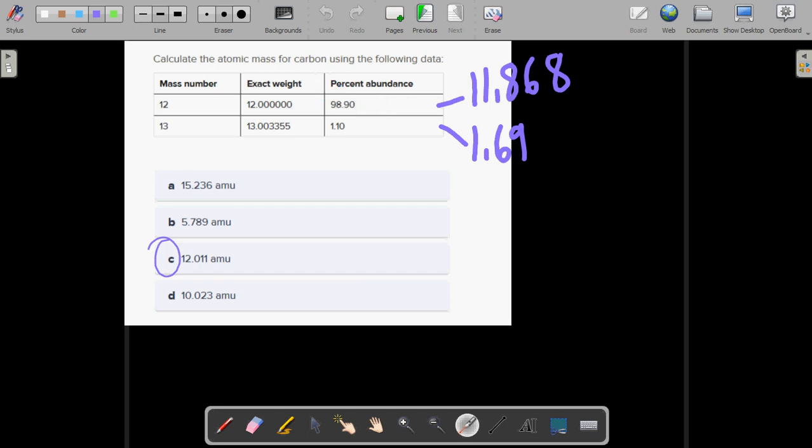Like if we have a big balloon of carbon, and we can measure how much of it has a mass of 12 and how many atoms have a mass of 13, 98.9% of it would be a mass of 12, and 1.1% would be a mass of 13. So we say 12 times 0.989, and we take 13, multiply by 0.110, and these are the numbers that we get. We add these together, and we get the 12.011. Okay? Don't forget your sig figs.